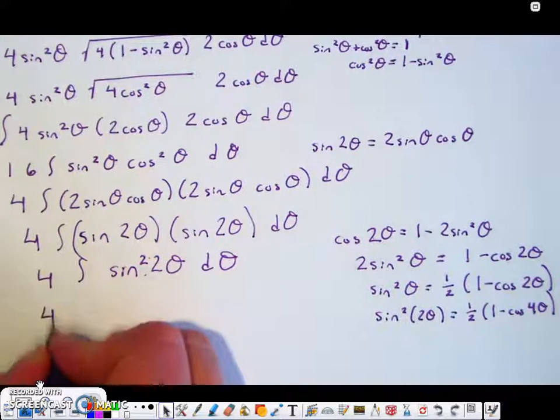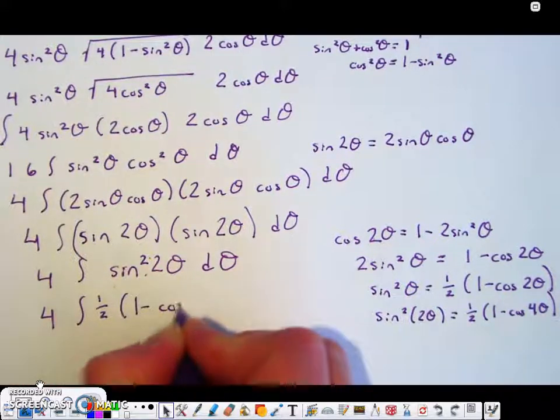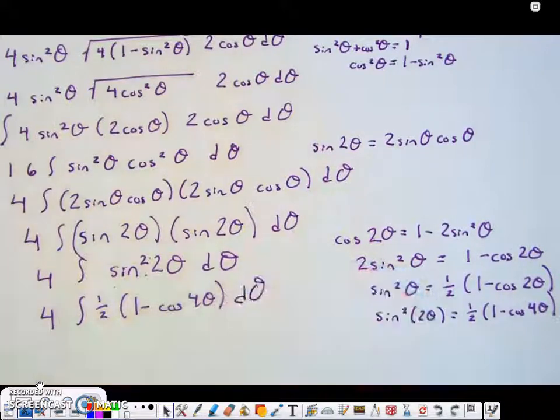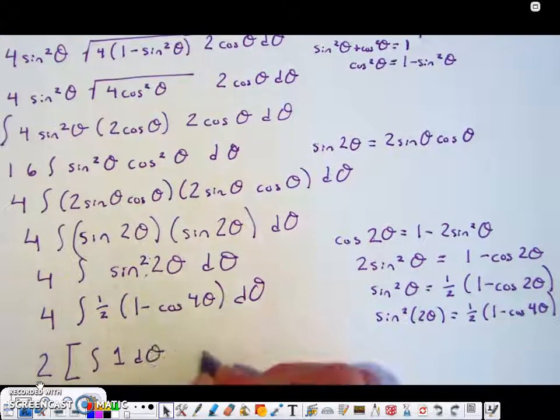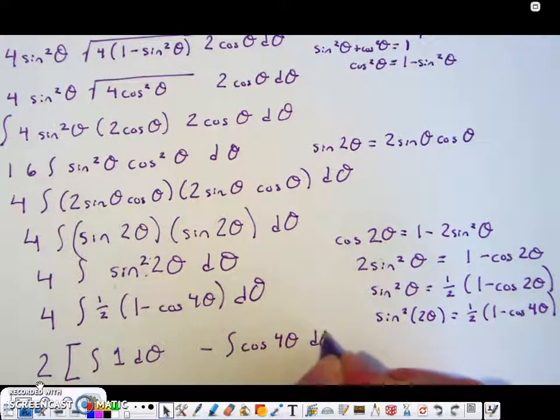So let's see what we've got here. 4 integral of a half, 1 minus cosine 4 theta d theta. And let's go ahead and do it as the integral of 1 d theta minus the integral of cosine 4 theta d theta.